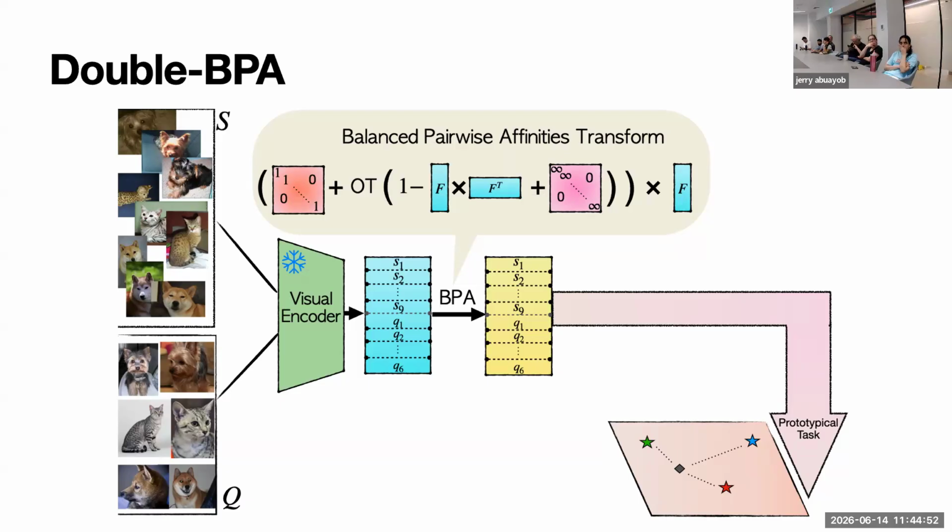We utilize a frozen vision transformer, so we don't need to fine-tune anything, and we have these embeddings. Overall there are 15 features.